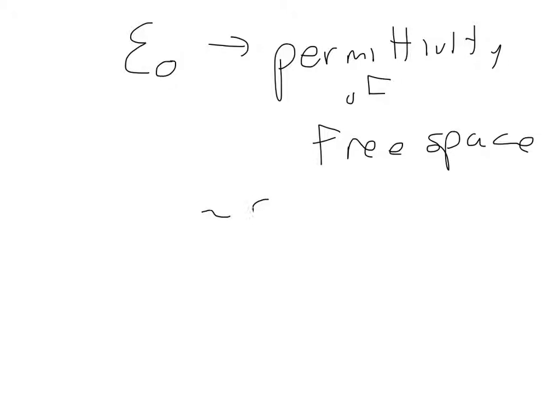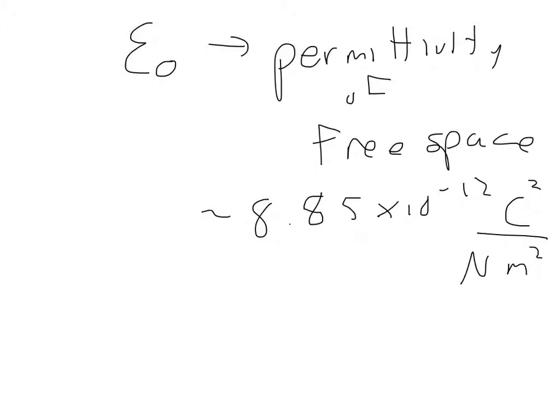That has a value of about 8.85 times 10 to the minus 12th coulombs squared per newton meter squared. And the permeability of free space, mu 0, is 4 pi times 10 to the minus 7th tesla meters per amp.